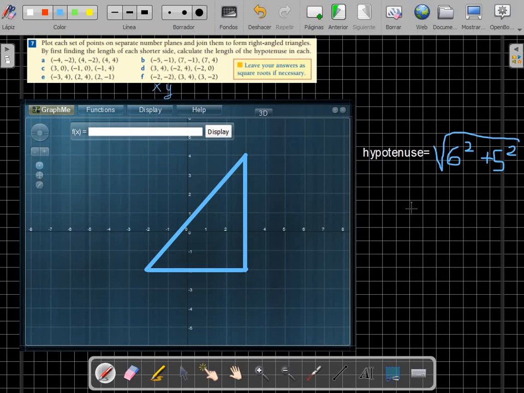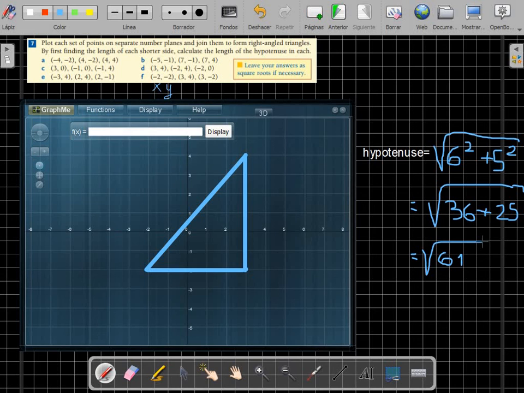Okay, now it's time to calculate that. The square root of 6 squared, which is 36, plus 5 squared, which is 25. Now we must add those two numbers, and the answer is 61.